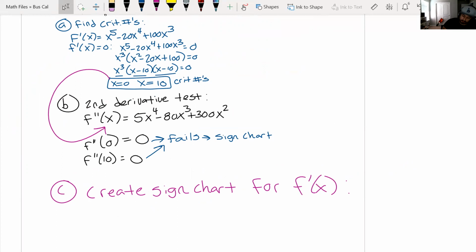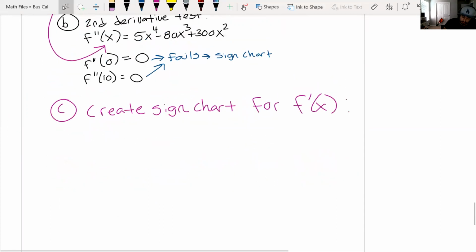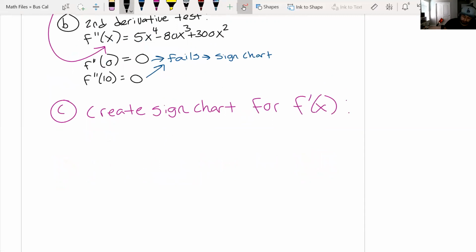Okay, so with that being said, sign chart. Plot our critical numbers, 0 and 10.